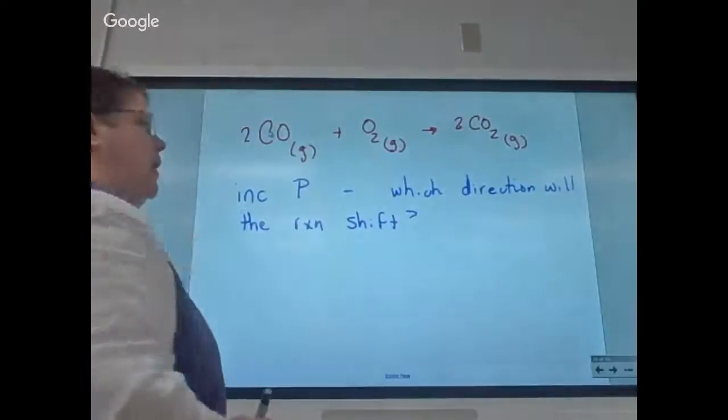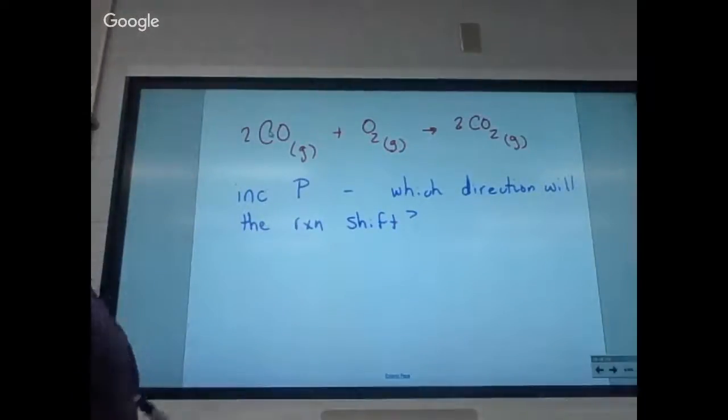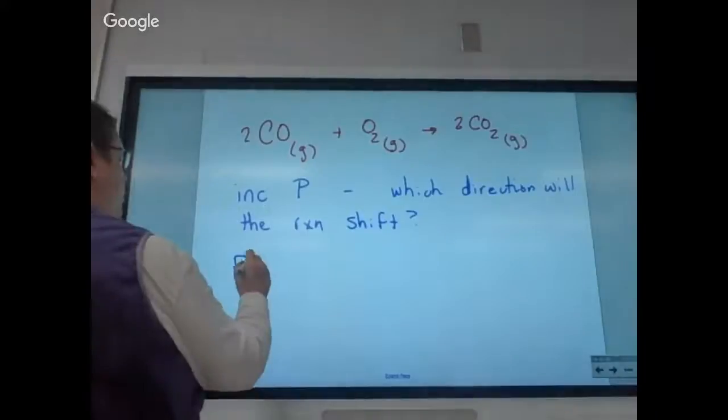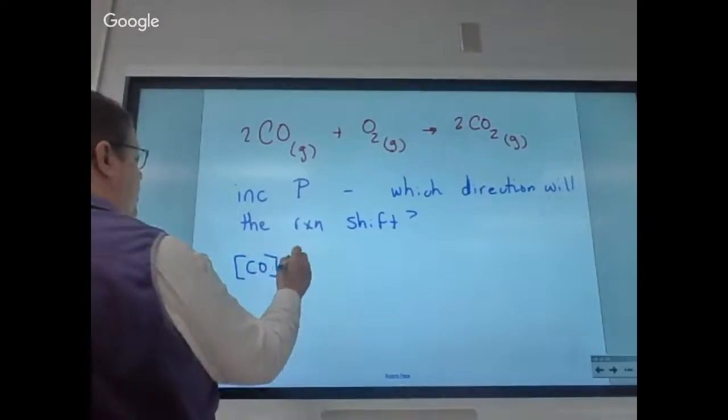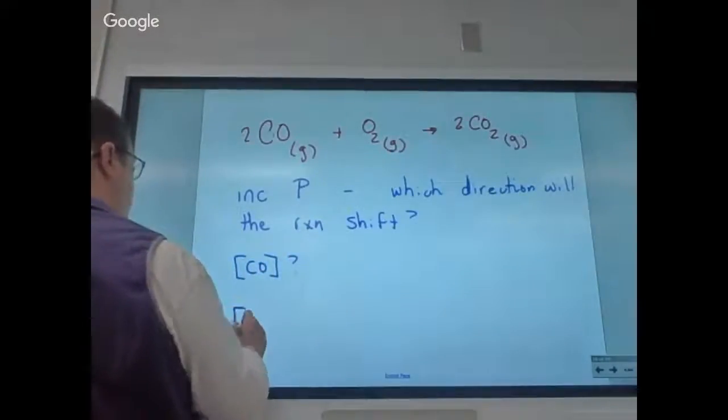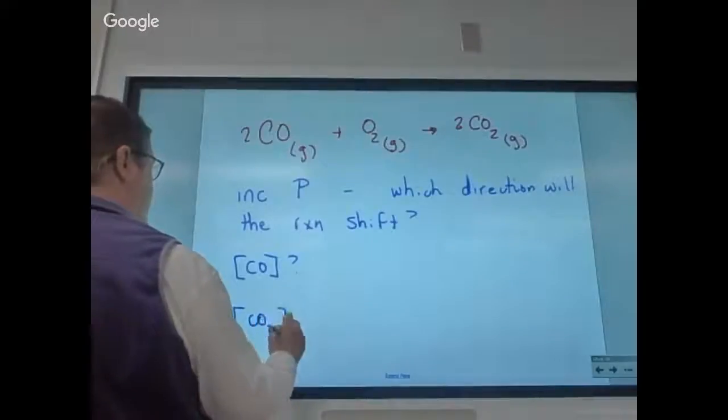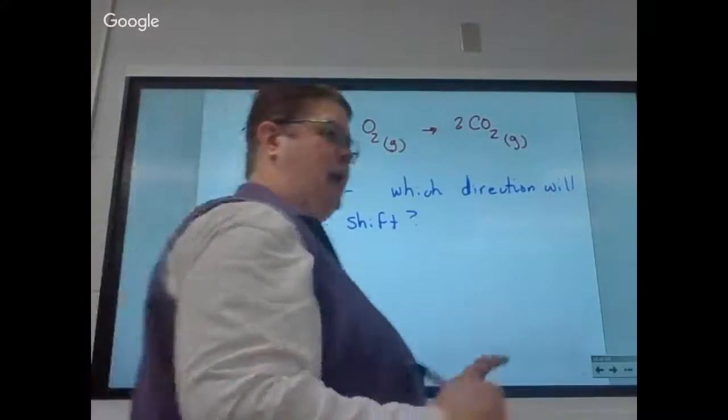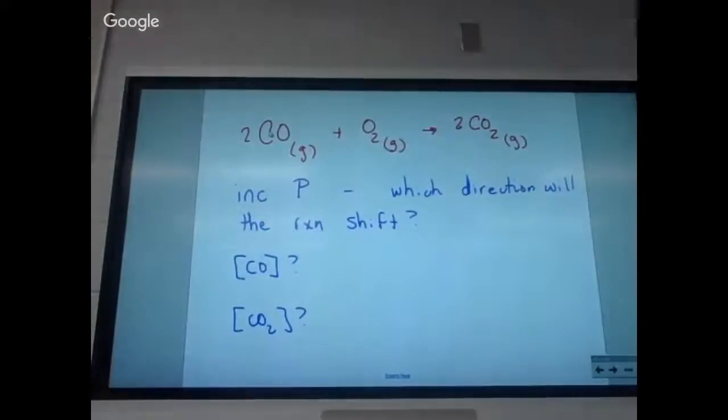Now, once we know which direction the reaction will shift, we want to know what happens to the concentration of CO and what happens to the concentration of CO2. Remember, the brackets mean concentration in shorthand, so I don't have to write out the words. So, according to the rule, if we increase pressure, what did we say would happen?